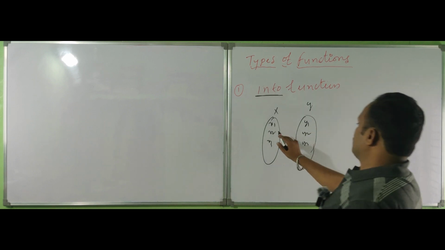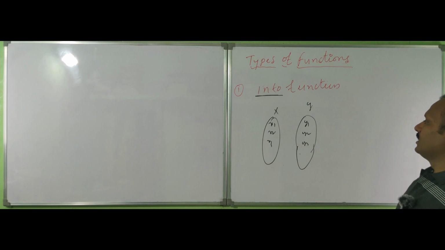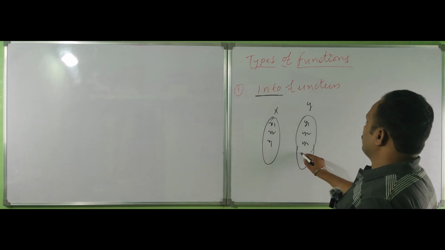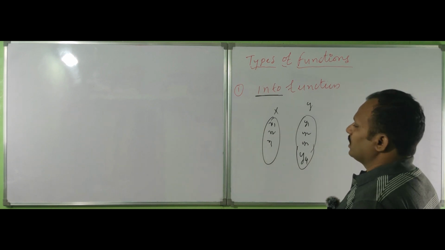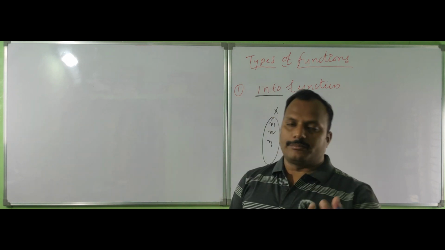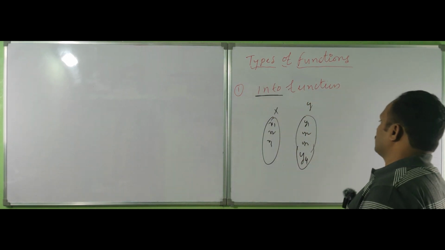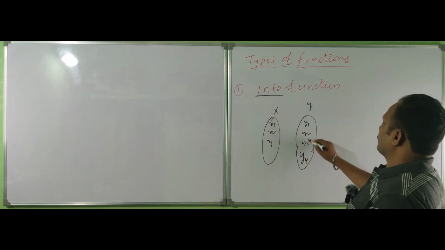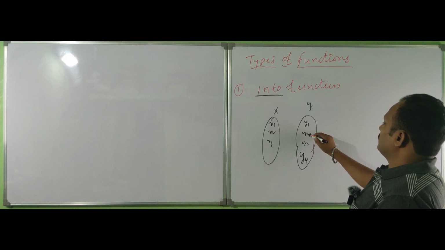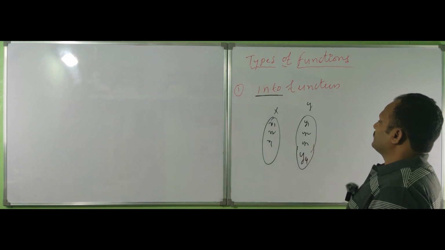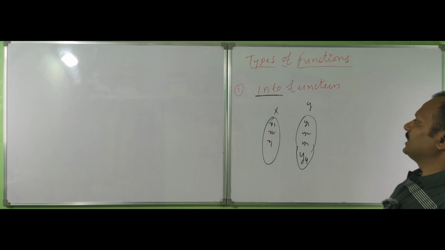This becomes onto. In an into function, what happens? There will be an extra element which does not have any pre-image in x. This becomes the into function.